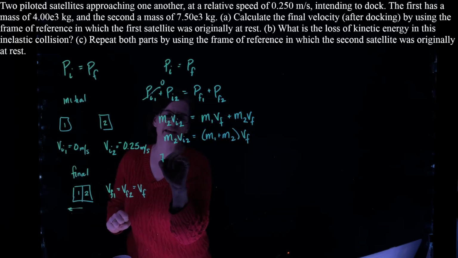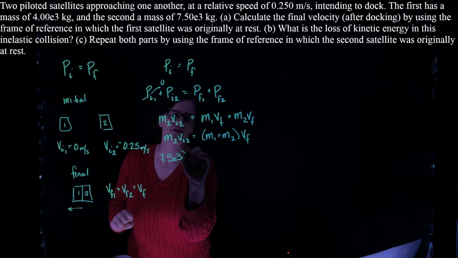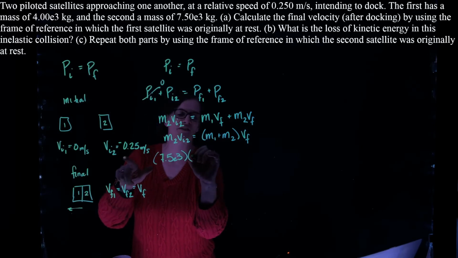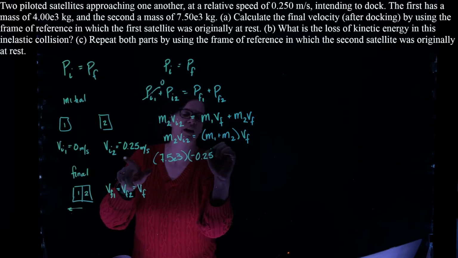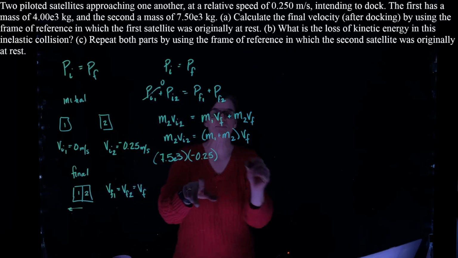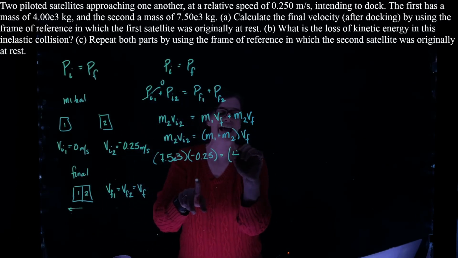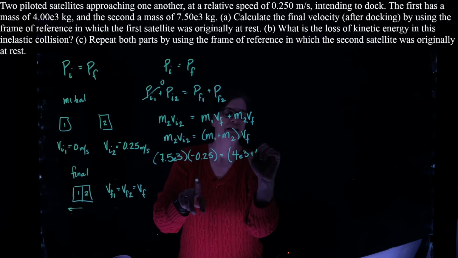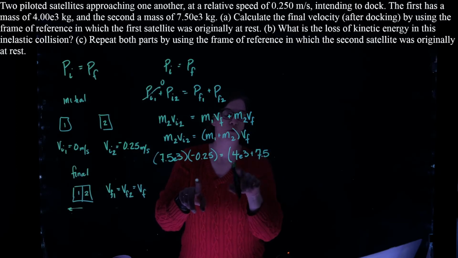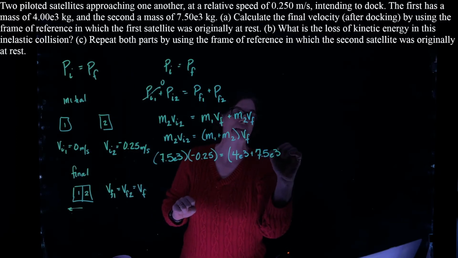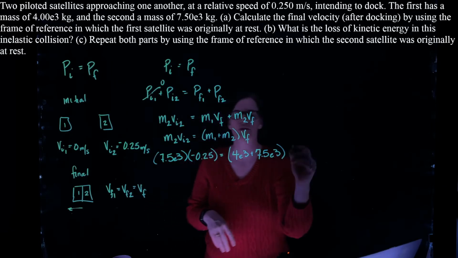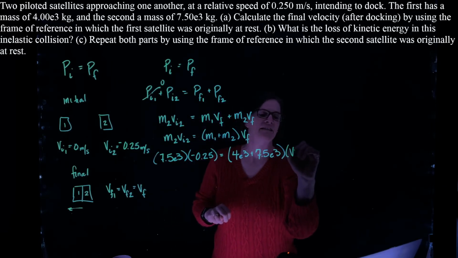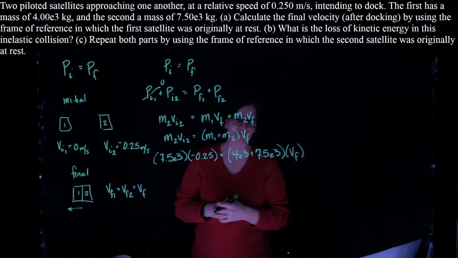Mass 2 is 7.5 times 10 to the third kilograms, and it's traveling at negative 0.25 meters per second. Then we can add these two masses together: 4 times 10 to the third kilograms plus 7.5 times 10 to the third kilograms, and solve for that V final.